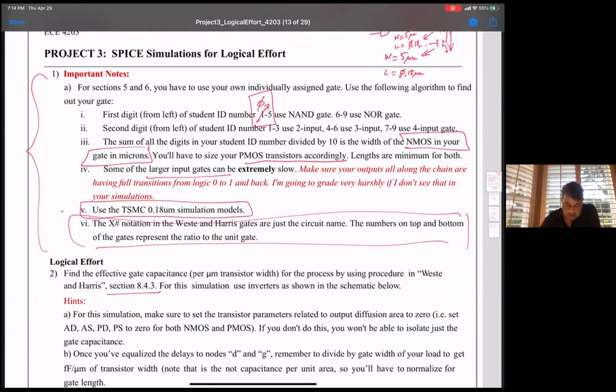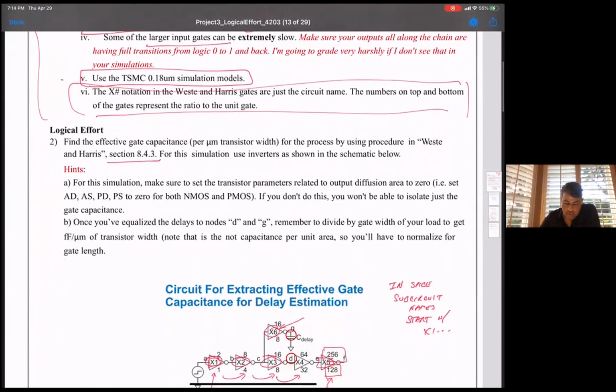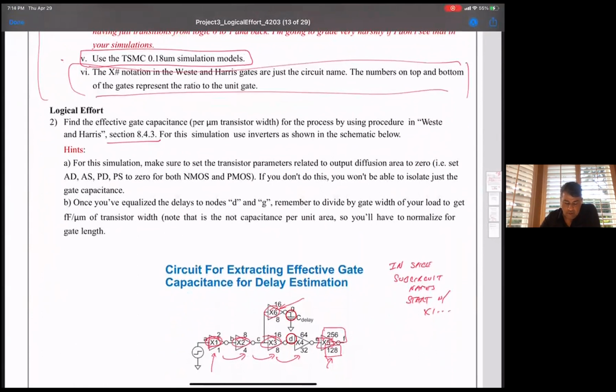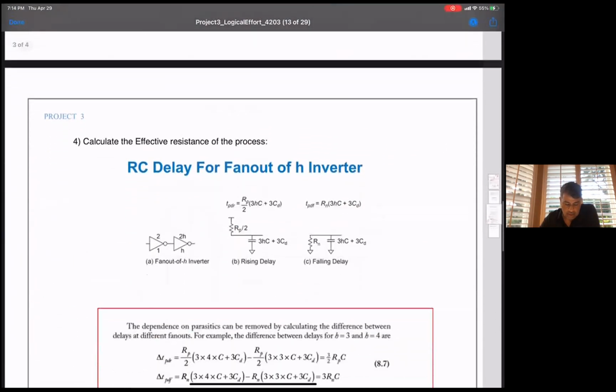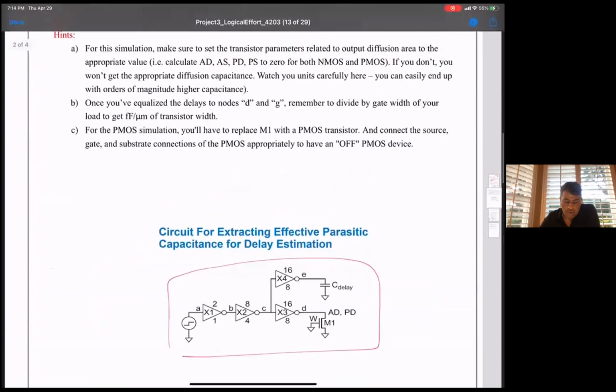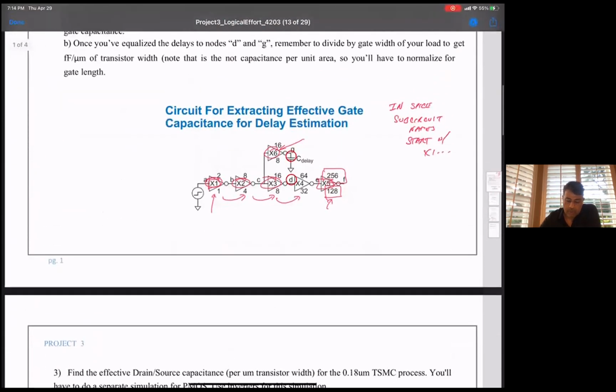Okay, so the first part, parts 2, steps 2, 3, and 4: what we were trying to do is find, since everything we did in the delays was dependent on finally multiplying the numbers, whatever we got, by R sub n, R sub p, C sub n, C sub p.